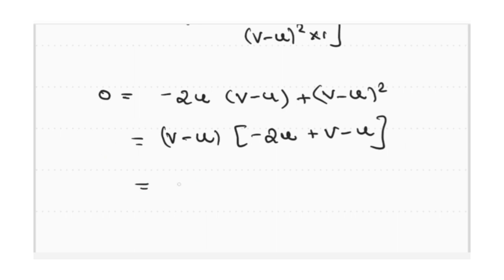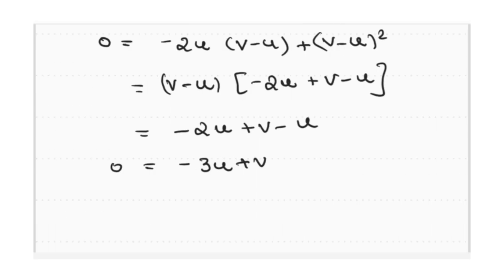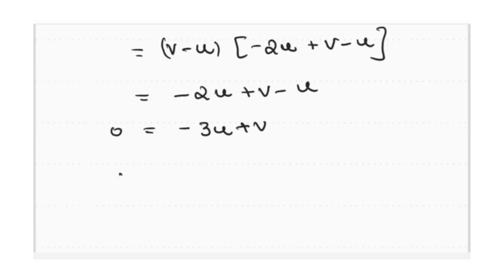What is left is minus 2u plus v minus u, which is minus 3u plus v equal to 0. So V is equal to 3u. You should substitute the value v equal to 3u in equation number 1.